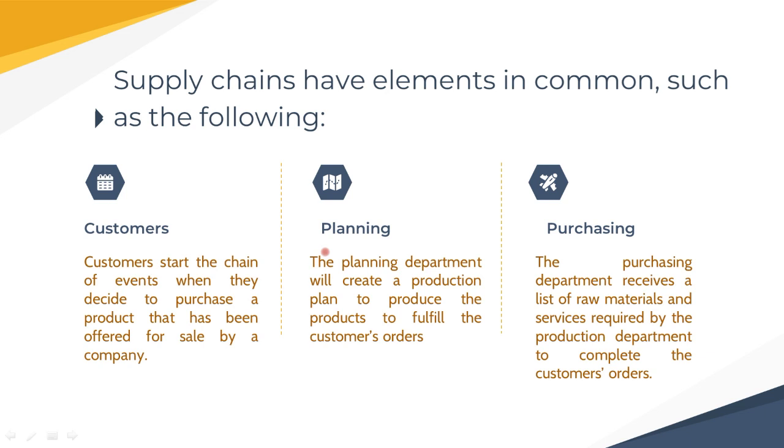So now we have customers. As we all know, the supply chain will not start unless there is demand coming from the customer. So customers start the chain of events when they decide to purchase a product that has been offered for sale by a company. Most likely, yung mga products na to na gustong i-purchase ni customer, it has to be manufactured.